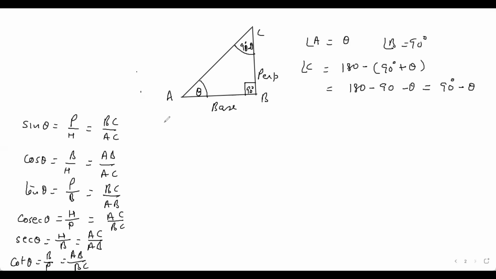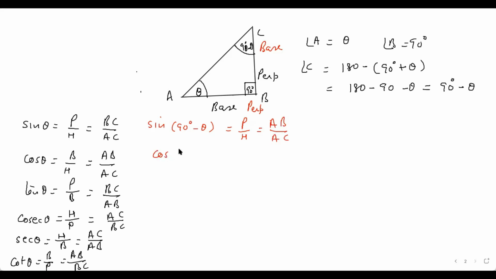Now write down, if I am to take this angle, then this is the base and this is the perpendicular. It means if I am to write sin (90 degrees minus theta), that is equal to perpendicular by hypotenuse. Now what is perpendicular? AB by AC.